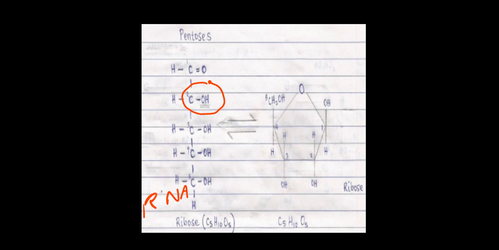Even in the ring structure on position number 2, the OH is still there. But for the deoxyribose on position number 2, there are only hydrogens because there's no oxygen in a deoxy. This one helps in the formation of DNA, like we said. Here on position number 2, again, there are only hydrogens.